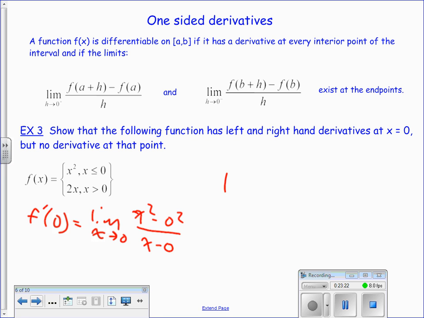And then you also need to do f prime of 0 on the other side of 0, as x approaches 0: 2x minus 2 times 0 over x minus 0. And prove that those two are not the same.